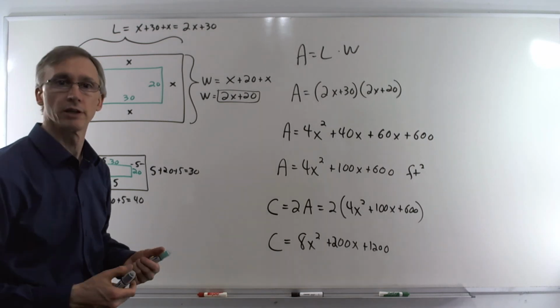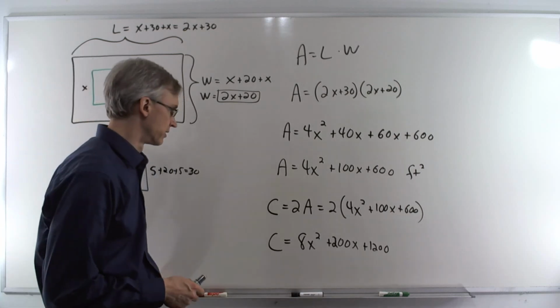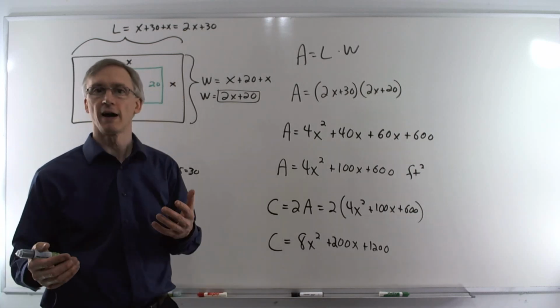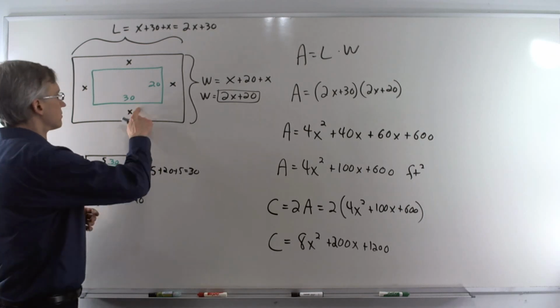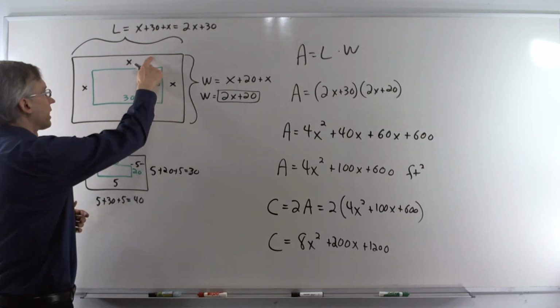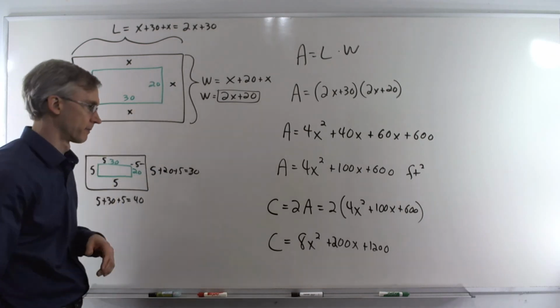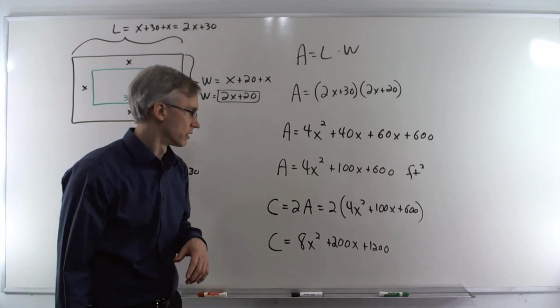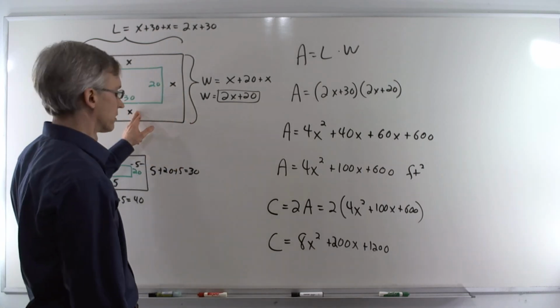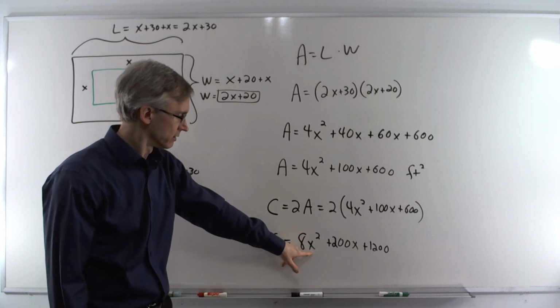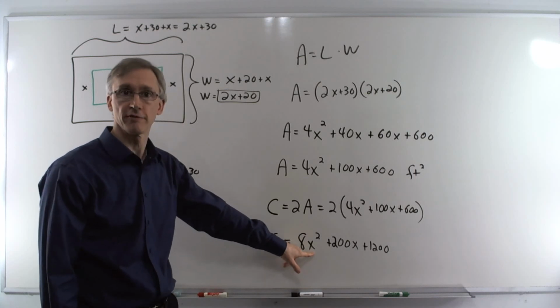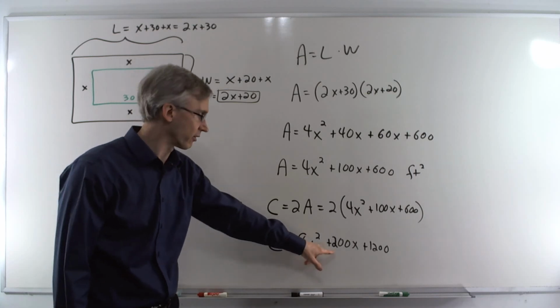And the last question, let's find the maintenance cost if 5 feet is the distance we want to add on to each side. Well, 5 is x, so now we'll take x here and replace it with 5. We're going to plug 5 in for all the x's.